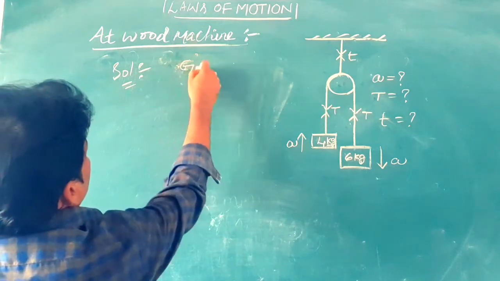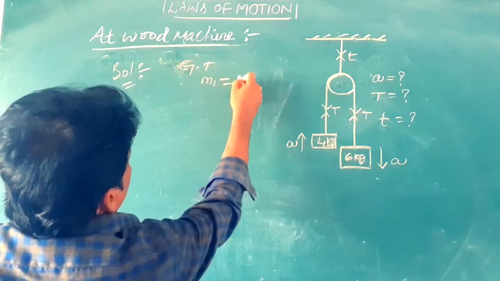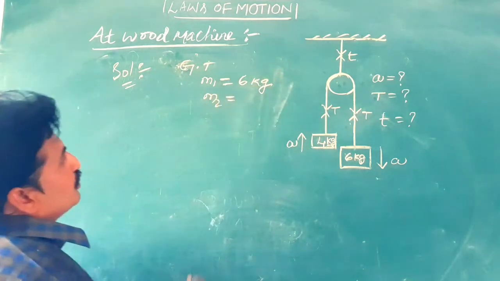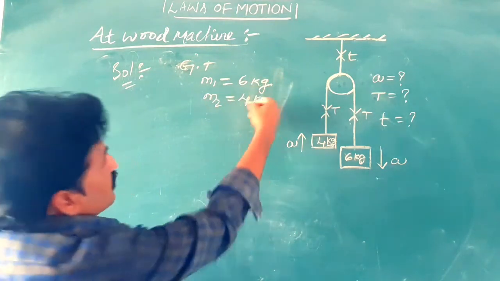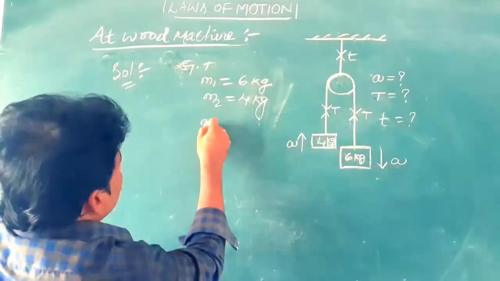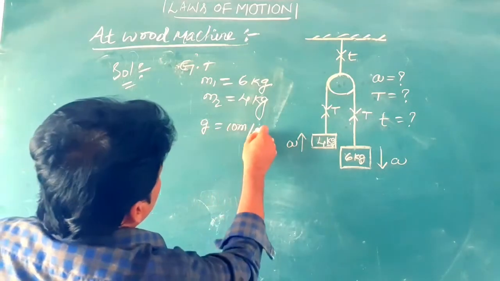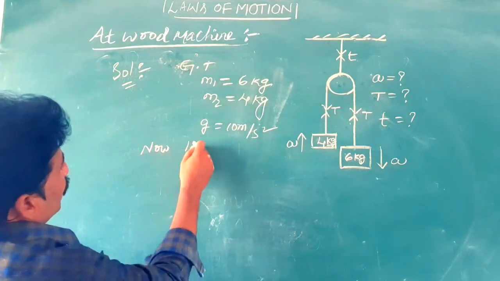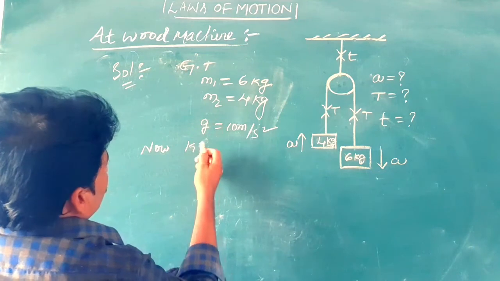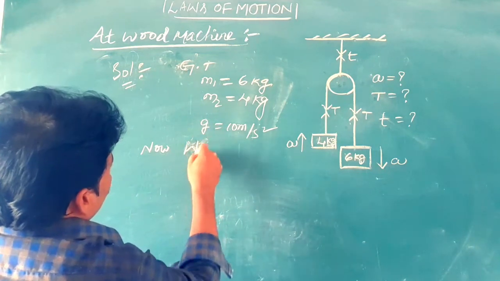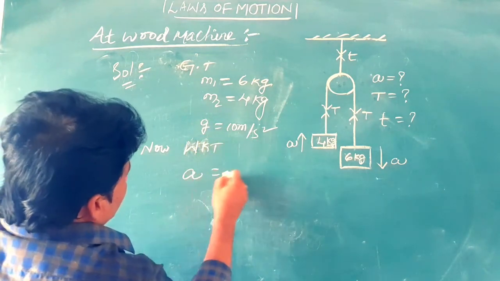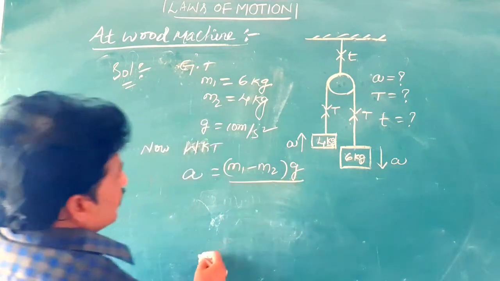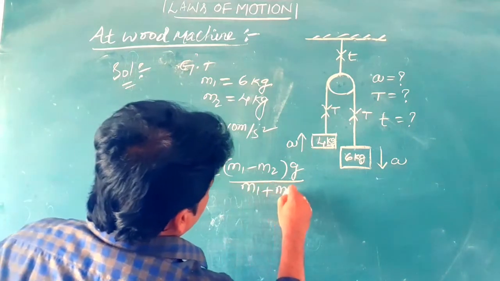Given that m1 is equal to 6 kg, m2 is equal to 4 kg. Assuming that g is equal to 10 meters per second square. Now we know that acceleration a is equal to (m1 minus m2) g by m1 plus m2.